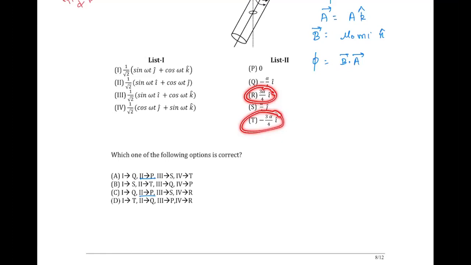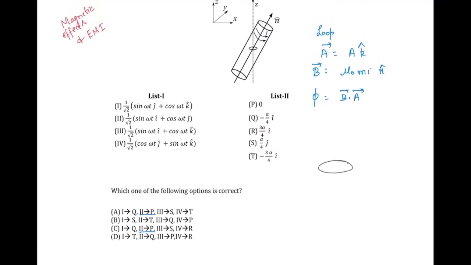Now, the direction of torque, whether it is i cap or minus i cap, is going to depend upon the direction of M vector. So you see this particular loop is present in a region where this solenoid is rotating and n cap is going to be pointing somewhere like that.